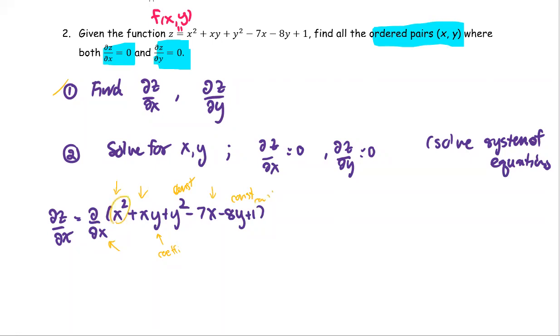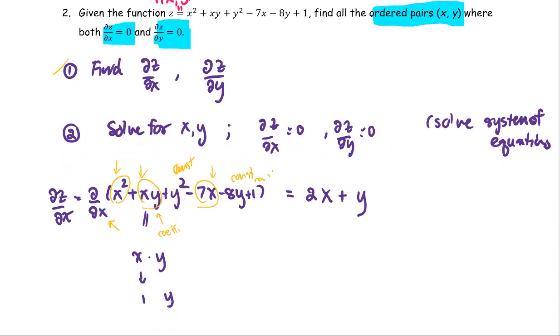Basically, you have to find the derivative of the terms that have x in them. The first one, the derivative is 2x. For the second term, think about the derivative of 2 times x, which is 2, but we don't see 2, we see y. So the derivative of xy with respect to x is just y. You can see it as x multiplied by y: the derivative of x is 1 and y as a coefficient stays where it is, so it becomes 1 times y, or just y.